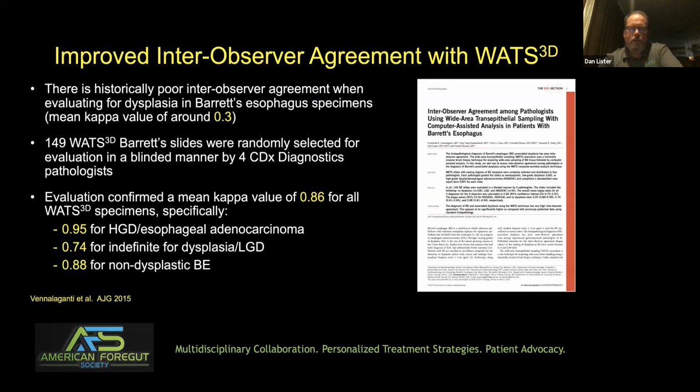In this study, they had various pathologists look at 149 Barrett slides from Watts, and the kappa values for agreement for high-grade dysplasia and cancer was 0.95, 0.74 for low-grade or indefinite for dysplasia, and 0.88 for non-dysplastic Barrett's, which is far above what we can achieve with just forceps biopsies.